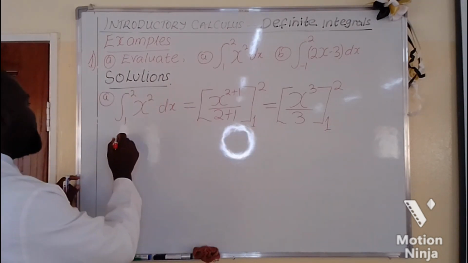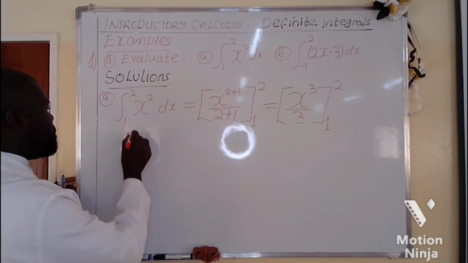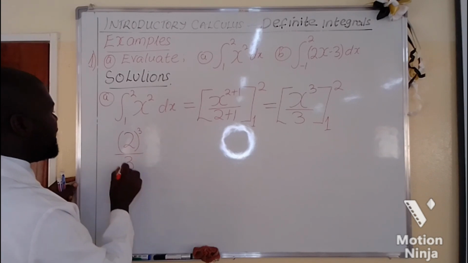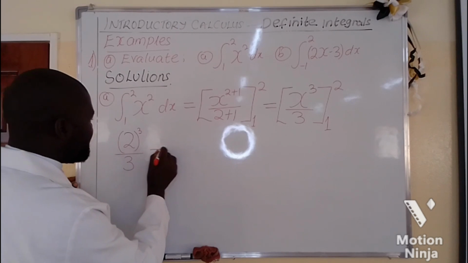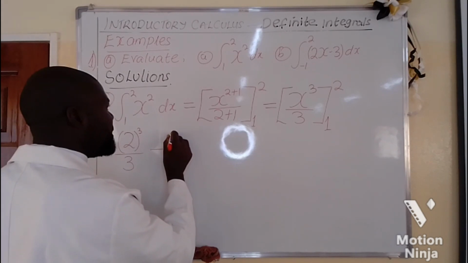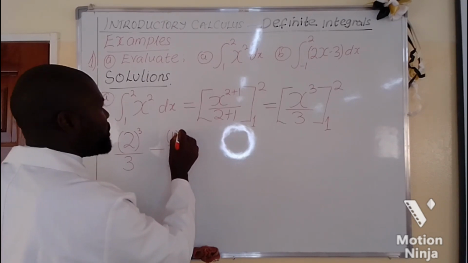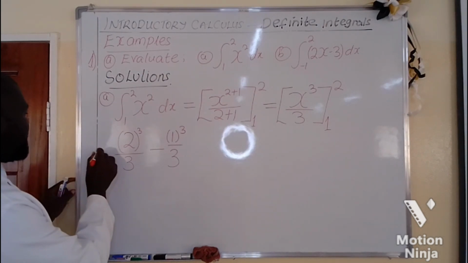So we substitute the upper limit, we shall say 2 power 3 over 3, whatever we shall get from here, we subtract whatever we shall get after substituting the lower limit.